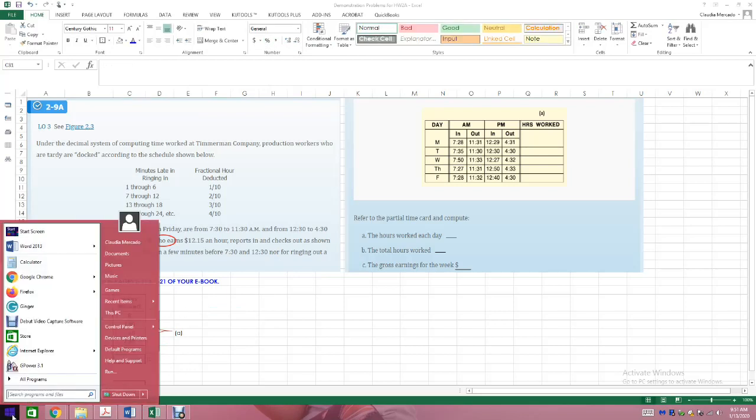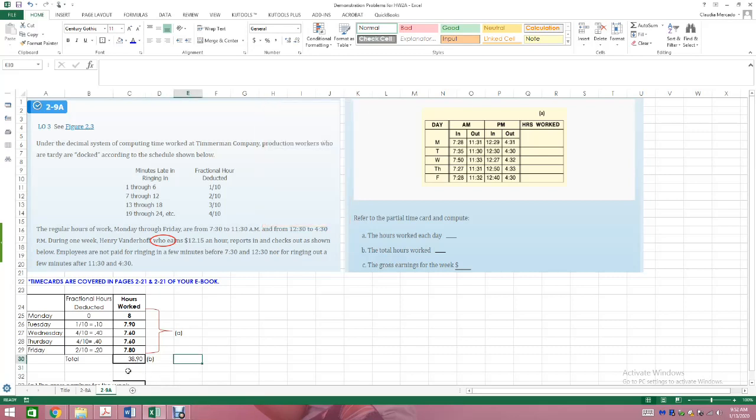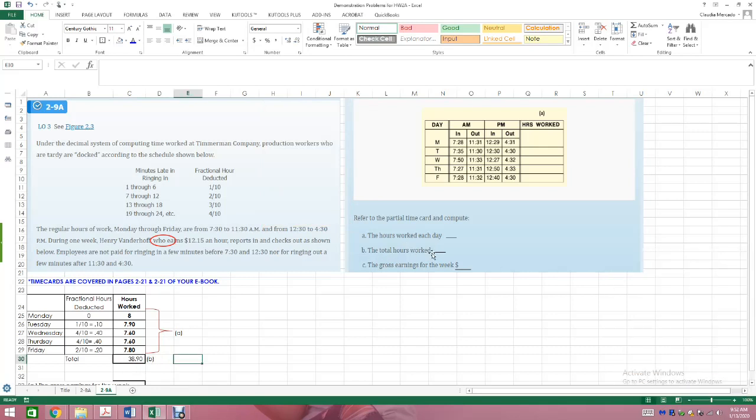But you can also use your calculator, 8 hours plus 7.90 plus 7.60 plus 7.60 plus 7.80, and that gives me 38.9 hours. This is the total hours that Henry earned this particular week. So that is letter B.